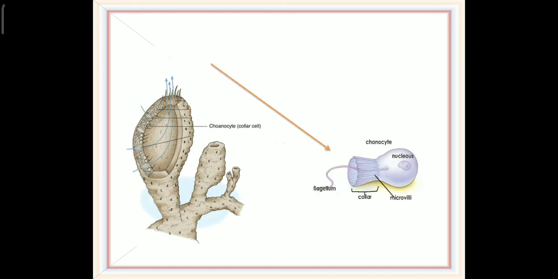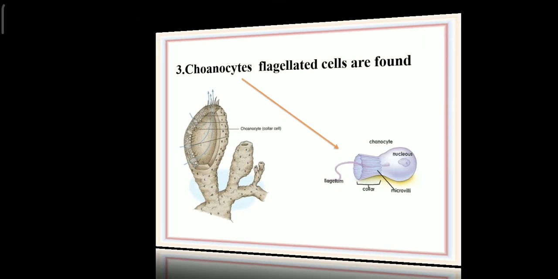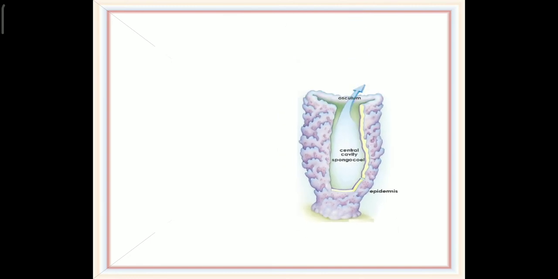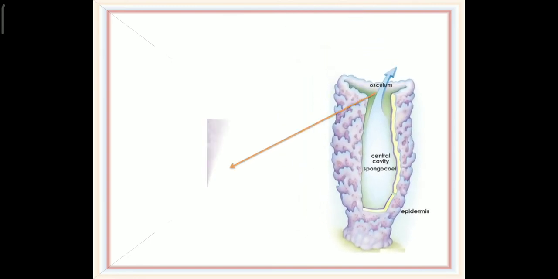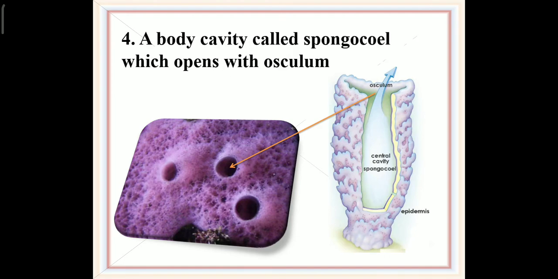Special types of choanocyte cells are also found in this phylum, and this cell is a flagellated cell. And this is the spongocoel cavity, which opens to the outside through an opening called the osculum. So a body cavity called the spongocoel opens with the osculum.